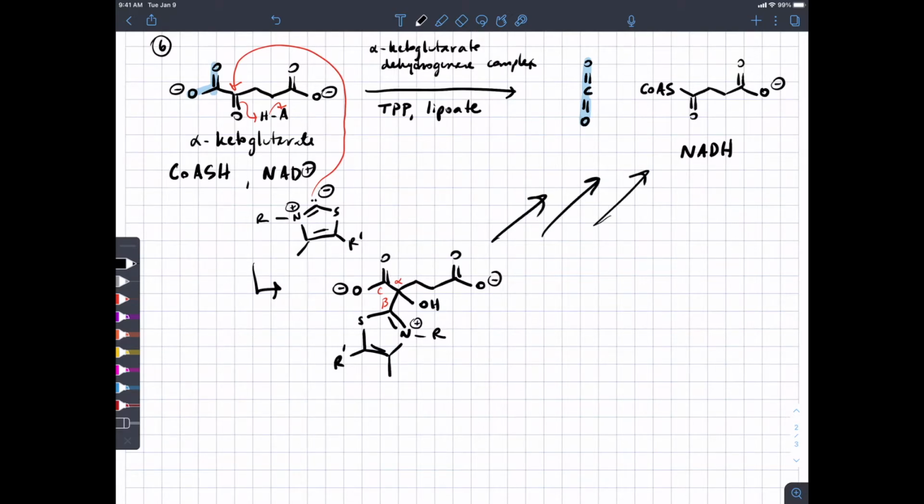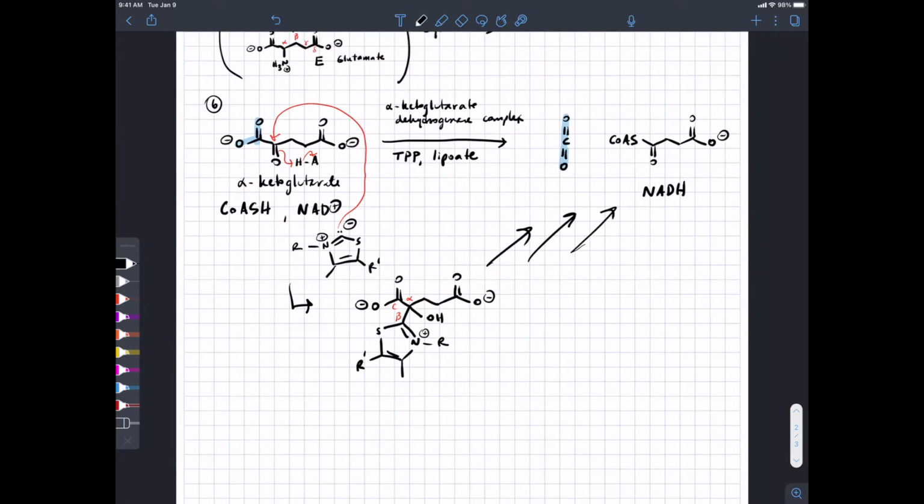You're going to decarboxylate, and then you're going to oxidize this alpha carbon up to the carboxylic acid level, and you're going to make the thioester. And all of this will happen mechanistically exactly like the pyruvate dehydrogenase complex that converts pyruvate into acetyl-CoA.